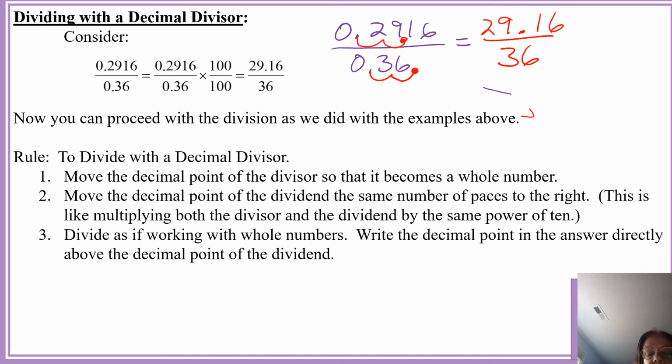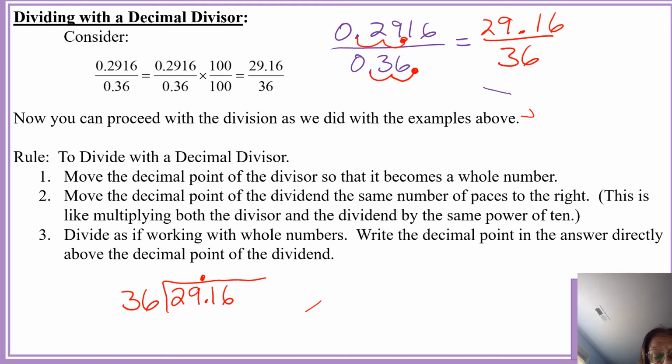Divide as if working with whole numbers. Write the decimal point in the answer directly above the decimal point of the dividend. So what this is saying is now I would take 29.16 and divide it by 36. So I'm going to start over here because 36 does not go into 29.